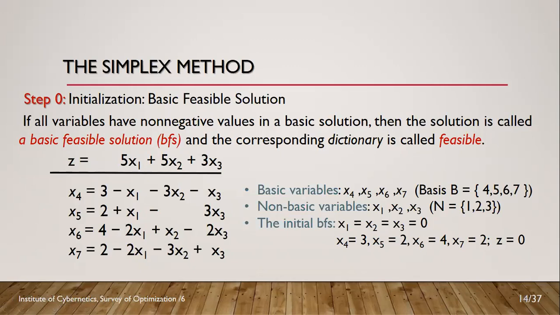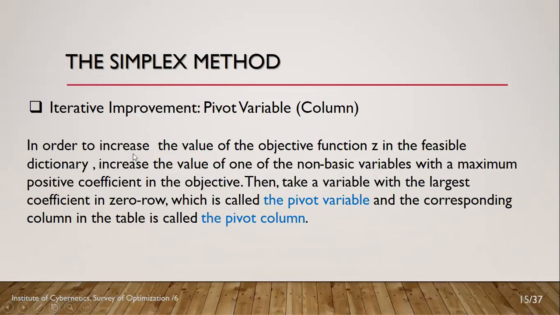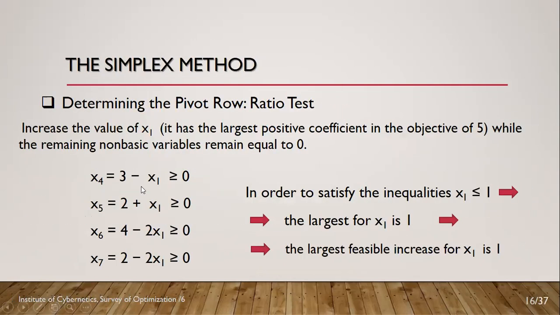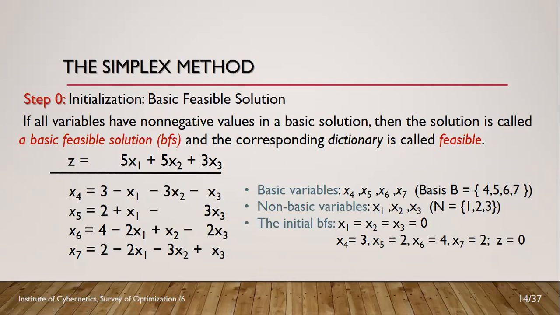But the amount by which we can increase the variable is limited. We cannot increase as much as we want. Whenever I have some minus in the constraint, the amount I can increase, say x of 1, is bounded by this value.